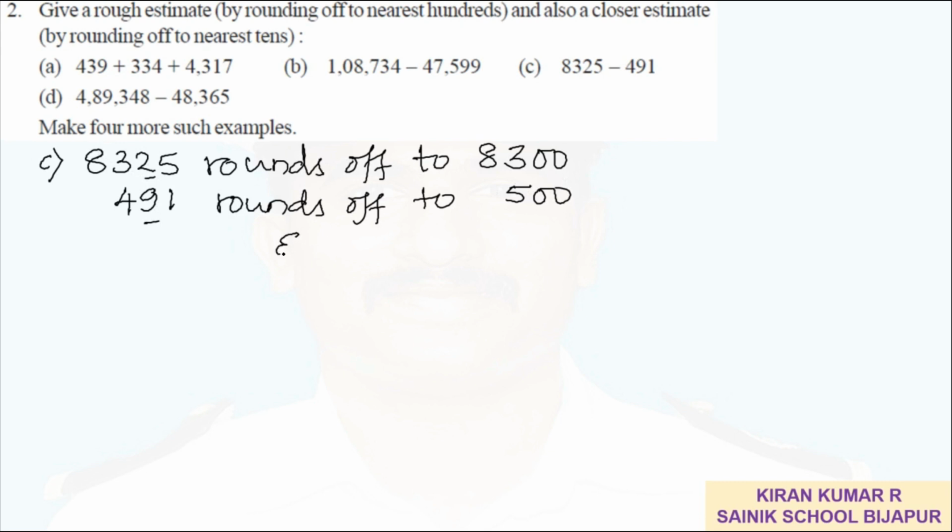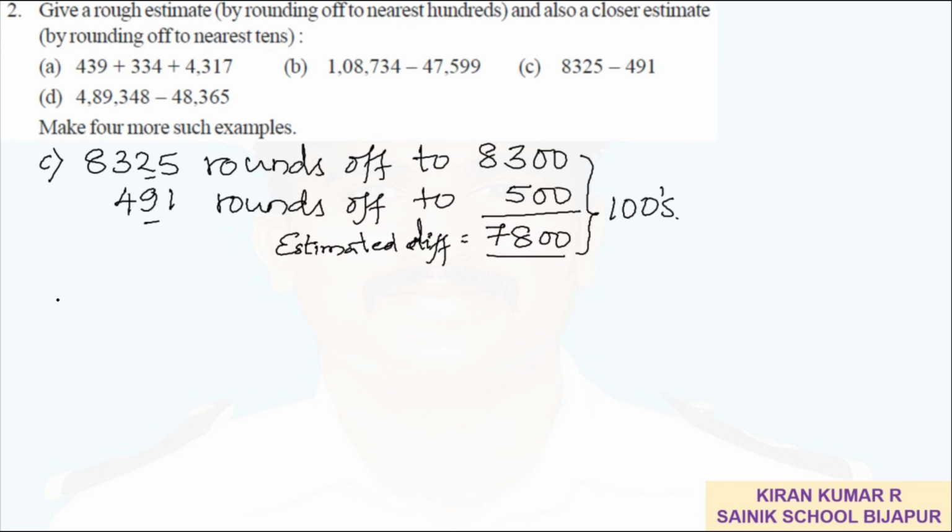So the estimated difference is 7,800. This is when we have rounded off to the nearest hundreds.